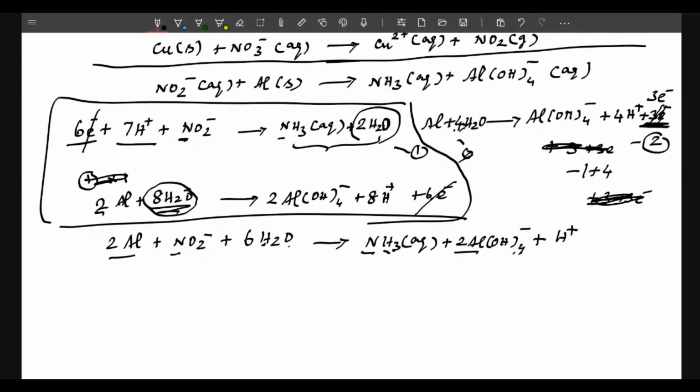Okay, charge. Here 1 negative charge, here 2 minus and 1 plus, 1 negative charge. Therefore, we have balanced this equation. This is the net equation.